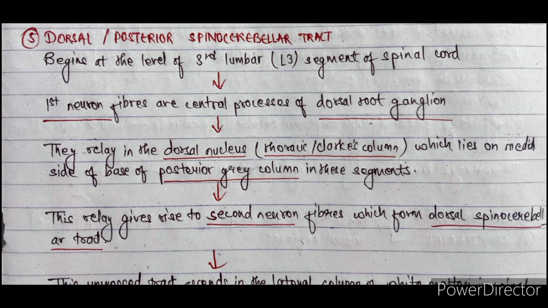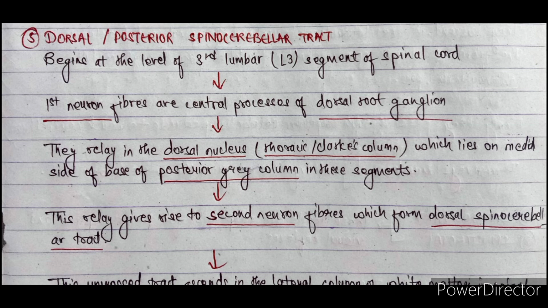That is, from the receptor site, the fibers enter first in the dorsal root ganglion, which is the first order neuron. From there it relays in the dorsal nucleus known as thoracic or Clark's column, which lies on the medial side of base of posterior gray column in these segments.